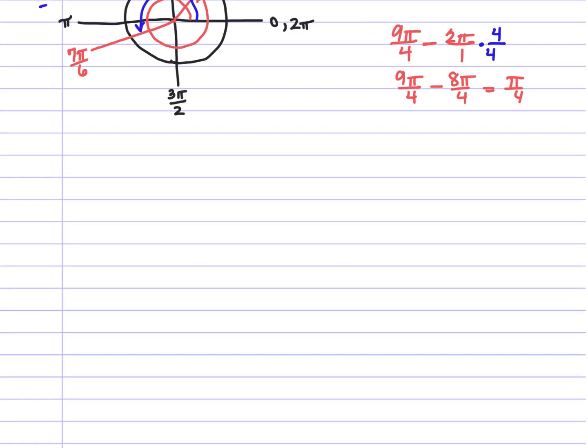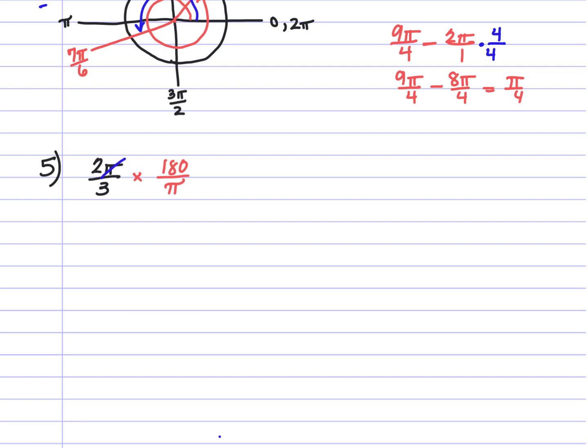So the next one I want to look at is converting, and I want to focus on converting from radians to degrees. So let's look at number 5. Number 5 is asking us to convert 2 pi over 3 to degrees. So we're going to have to multiply by 180 over pi.